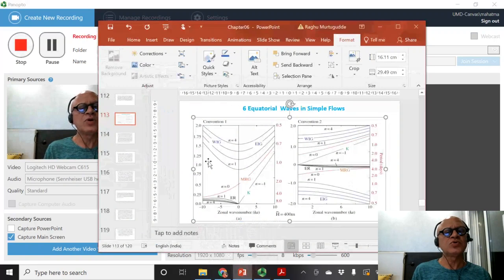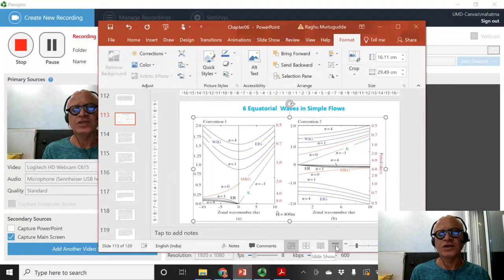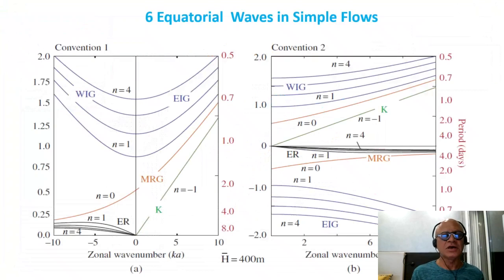Okay, let's do a summary of the chapter again, so that maybe the ideas become more concrete now that we have gone through the whole chapter. Let's start with this dispersion diagram. Ignore this other convention. We looked at the wave number frequency diagram in terms of period and cycles per day.